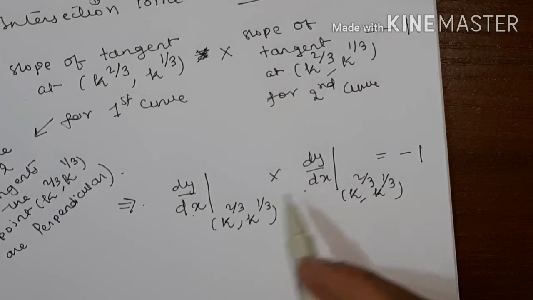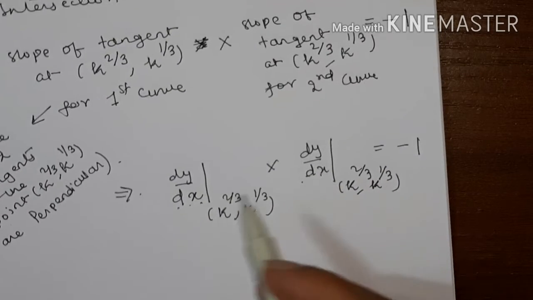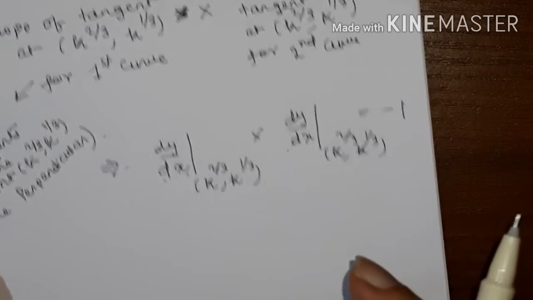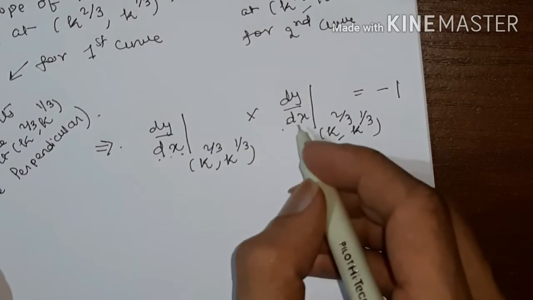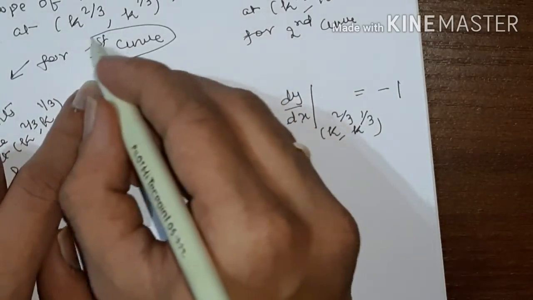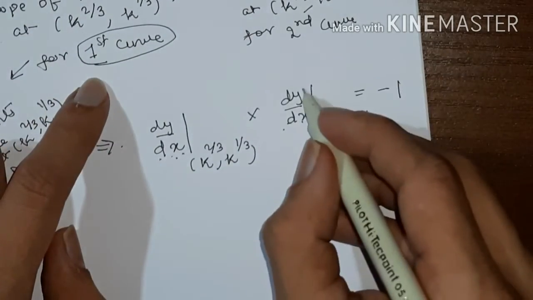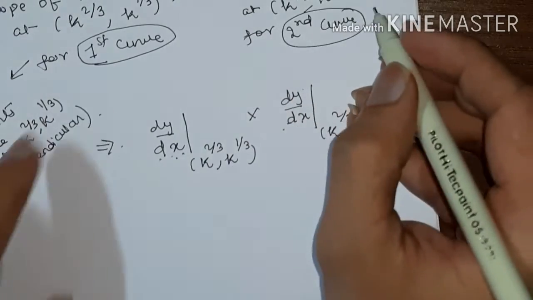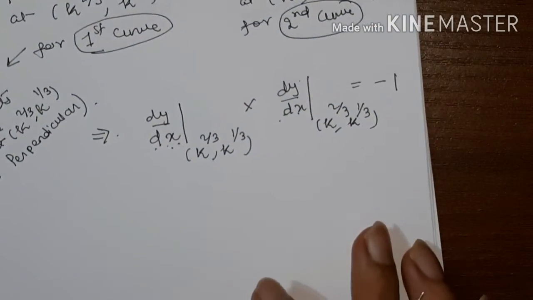See, same dy by dx I have written, but they are not the same. This is the dy by dx for the first curve, and this dy by dx is for the second curve, right?